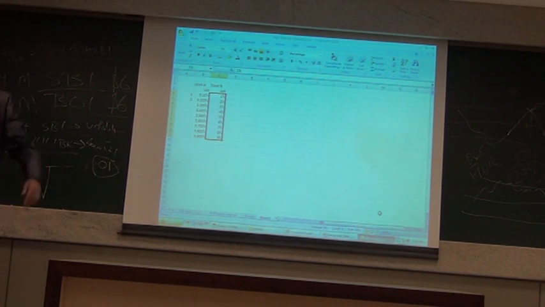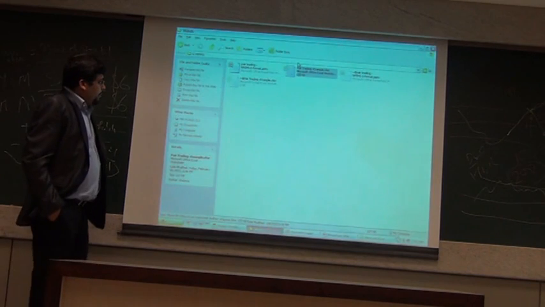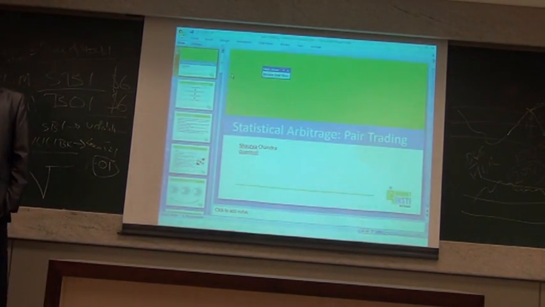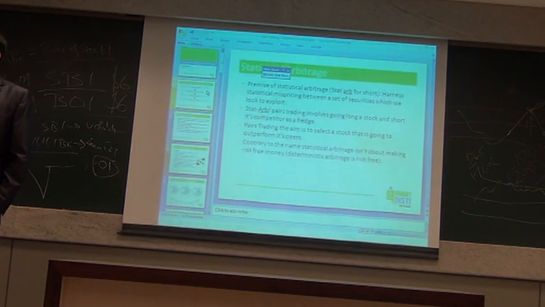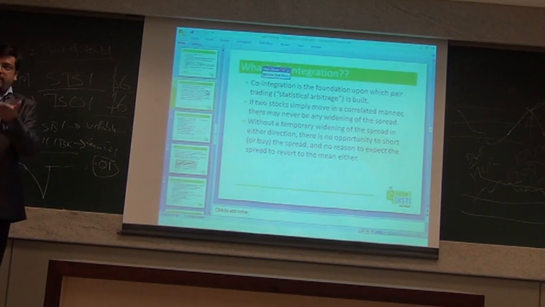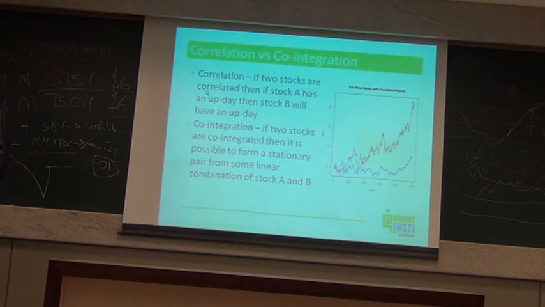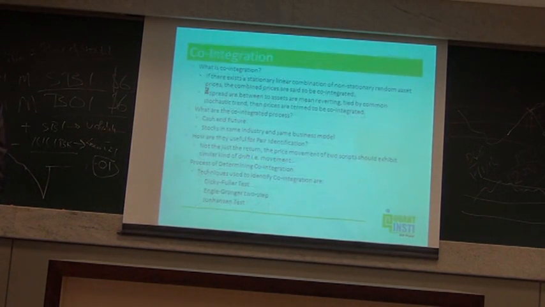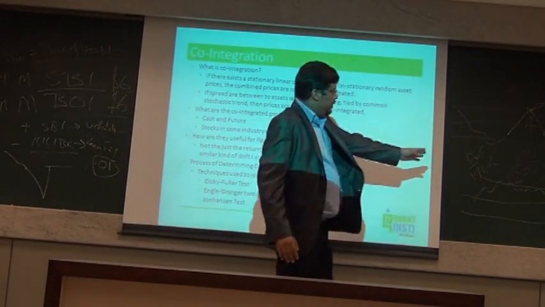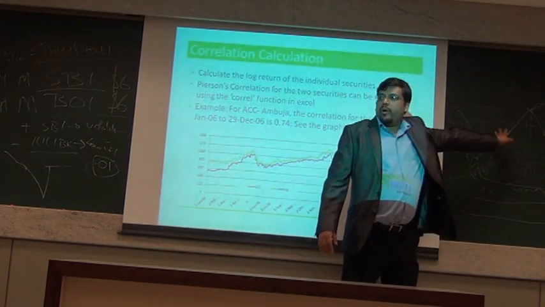Okay. The other one was also a stock. Let's come back to that. You can look at correlation also. Let me give you an idea about it. This could be an exercise for you once you go back and check out pair trading. In any given pair, these stocks have been moving together.